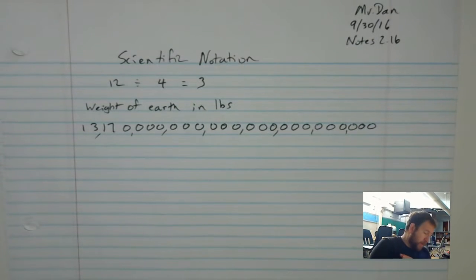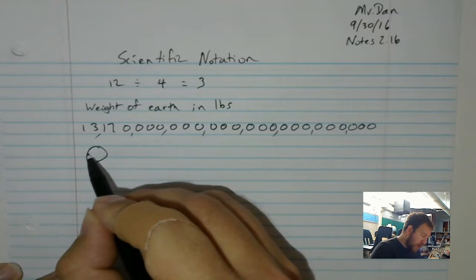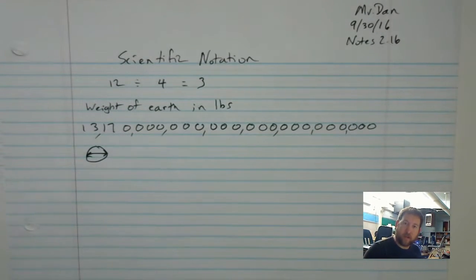So, what scientists do is they created a shorthand, a way to write these numbers that is much easier. Oh, let me show you one more example. If I was going to look at the diameter, which, remember, if I'm drawing a circle, the diameter is right here. It's from one side to the other if I draw a line across its longest point.